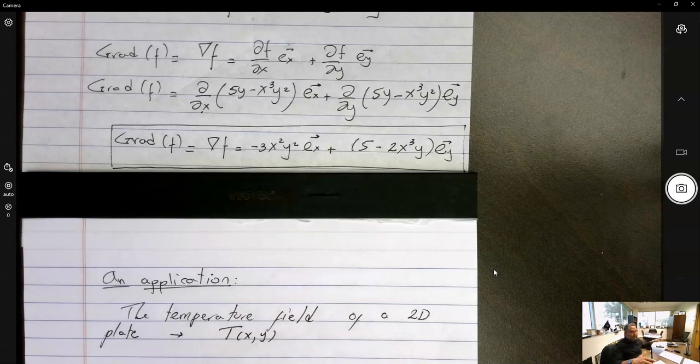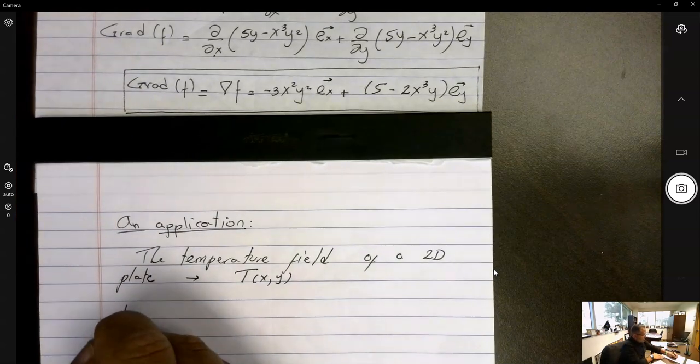Okay, so again, the surface of this table is a 2D plate, right? And at any point x and y, if we define x in this direction and y in that direction, then at any point x and y, we can obtain a different temperature on this field.